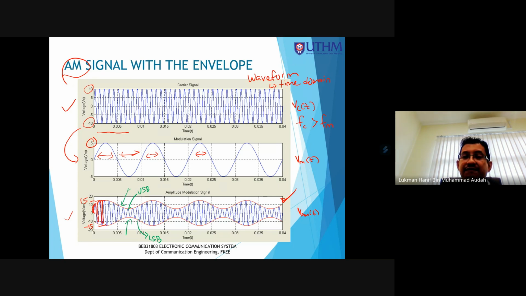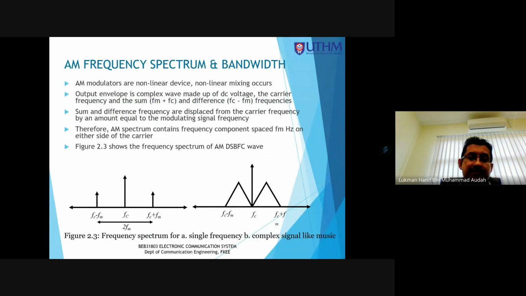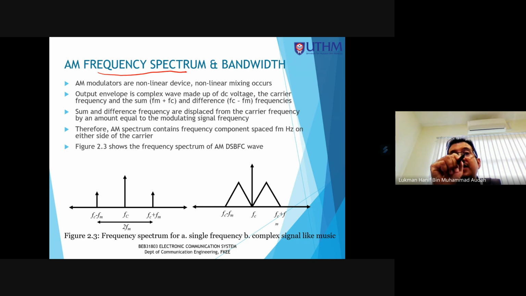But if the question asks you to draw a frequency spectrum, it is going to look like this. So the frequency spectrum is the drawing of the wave in the frequency domain. So it is actually F versus, you can say, the amplitude V.